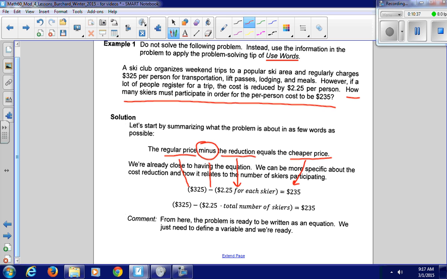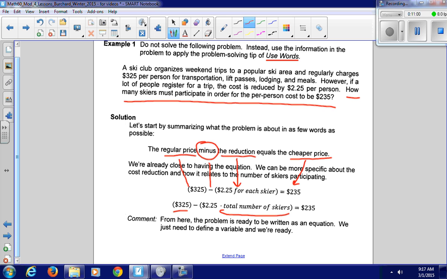So now we're going to go slightly further, and then we're going to say, so 325 minus 225 times the total number of skiers. So we just advanced a little bit by saying, well, how would we figure out 225 for each skier?